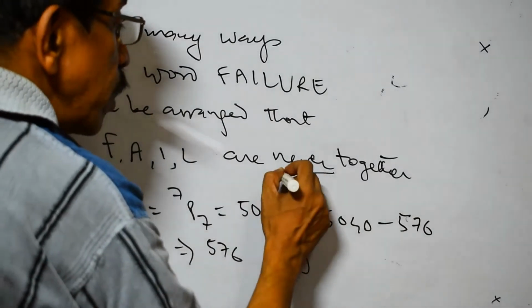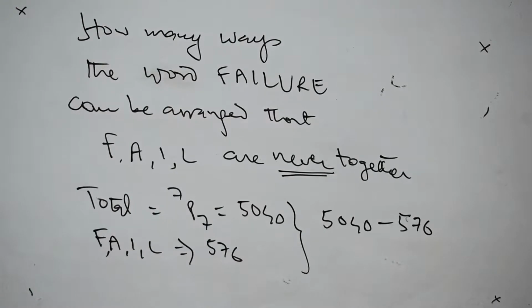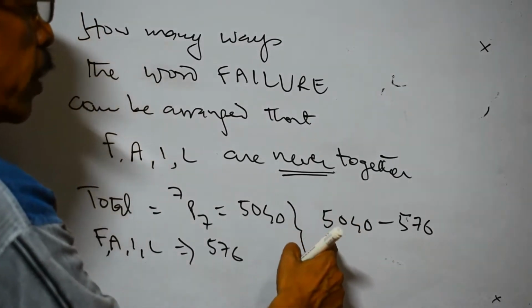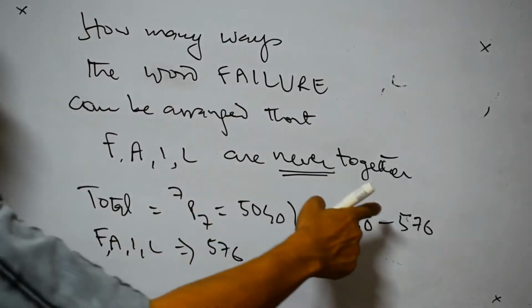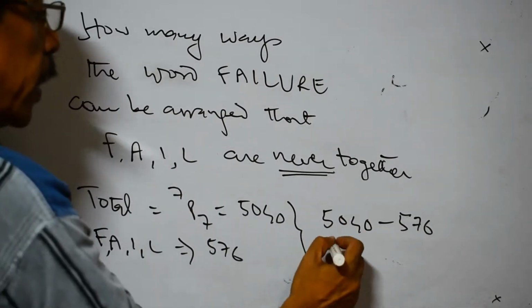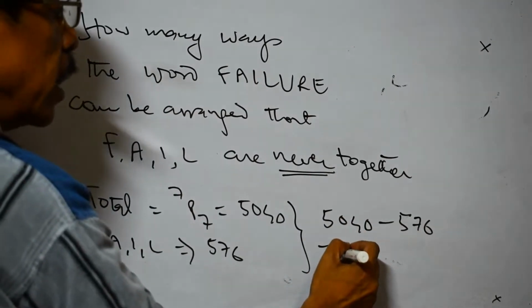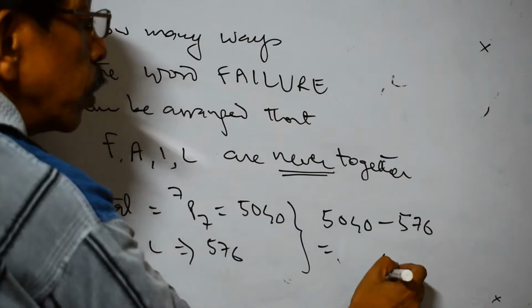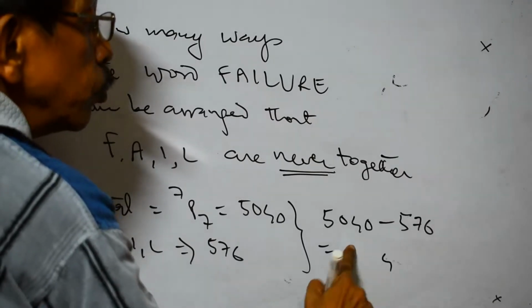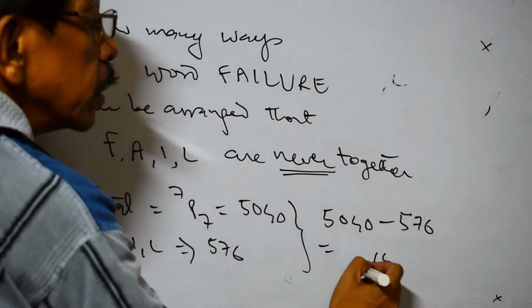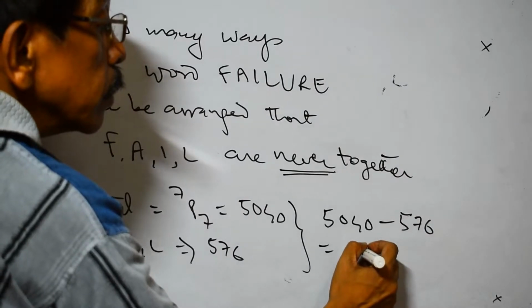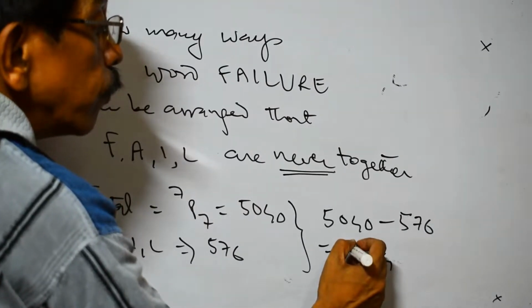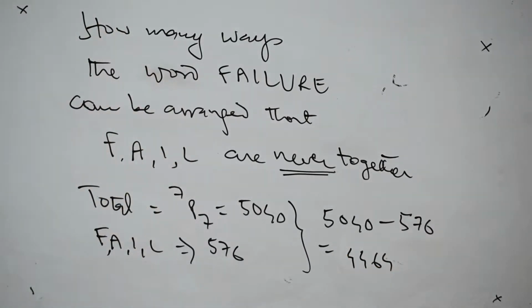Whenever we require never together, we subtract the always-together possibility from the total possibility, and then we get the result, which I think will be 4464.